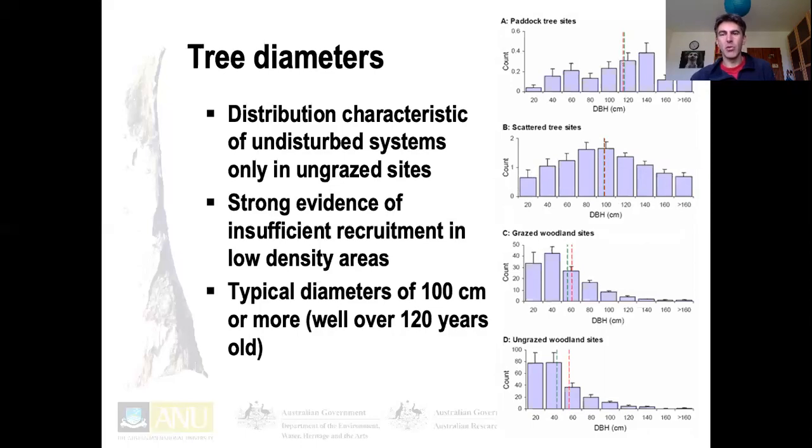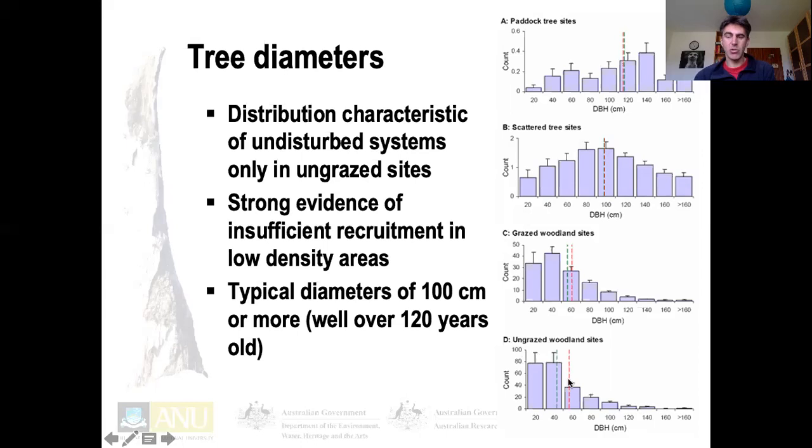A demographic profile like this means you have not enough young trees to replace the current adult trees that we've got here. That's different from what's happening in ungrazed woodland sites, where livestock pressure has been excluded. That's where you actually get a large number of very young trees and then increasingly fewer older trees.